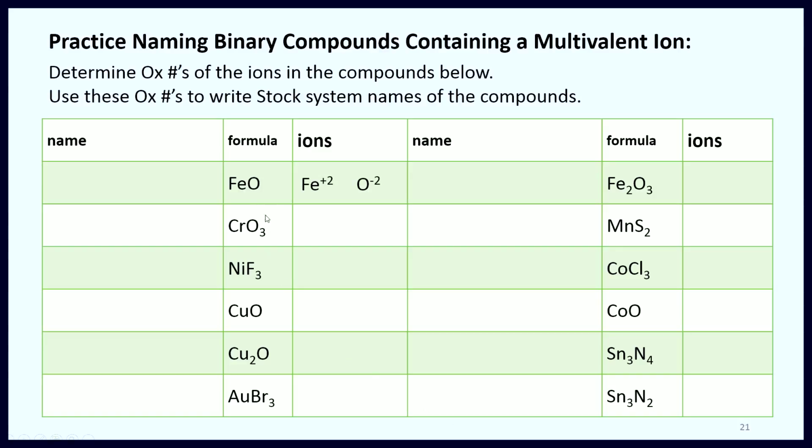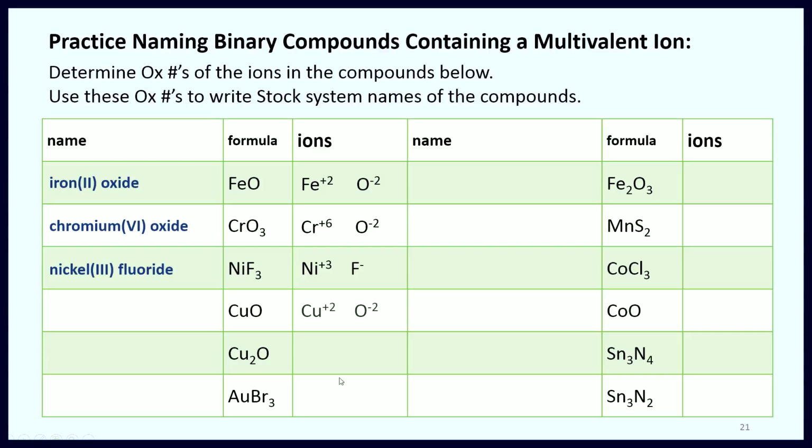In the first case, oxide is -2, therefore iron must be +2, it's iron 2 oxide. In the next example, CrO3, well, oxide is -2, and there are 3 of them, therefore chromium must be +6, chromium 6 oxide. And NiF3, fluoride is -1, and there are 3 of them, so nickel must be +3, hence nickel 3 fluoride.